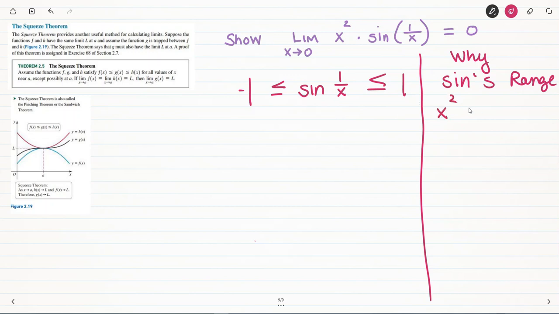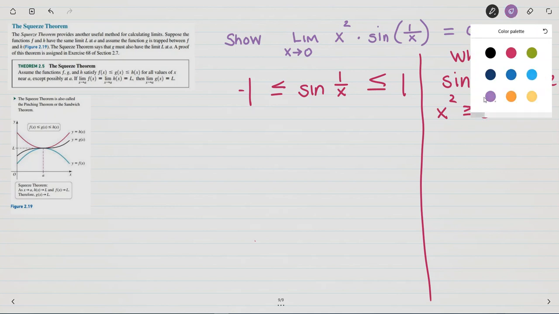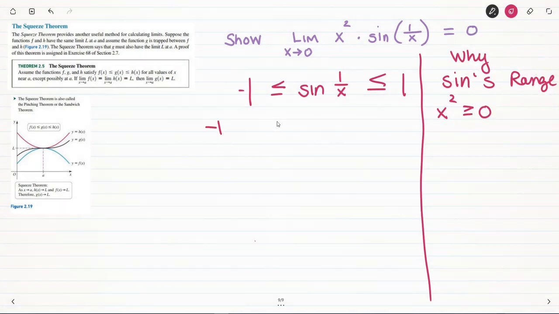Because x squared is greater than or equal to 0, it's not negative, I can multiply each piece by x squared.